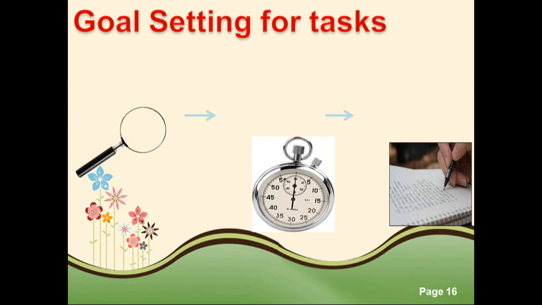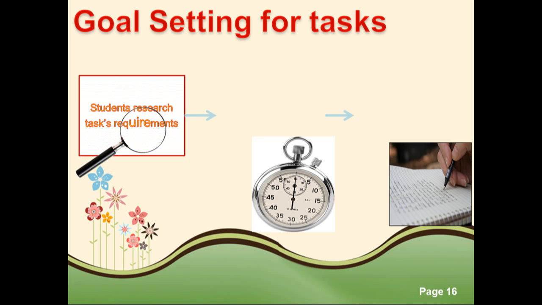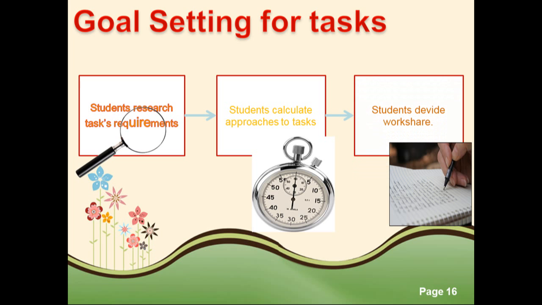What comes next is goal setting for tasks. I know that my project idea has been a little overwhelming for the students, so it's imperative that they research before they get to work. The first thing they need to do is research the task requirements. The second is to calculate approaches to the task. Then they have to divide the workshare in order to complete the project on time.